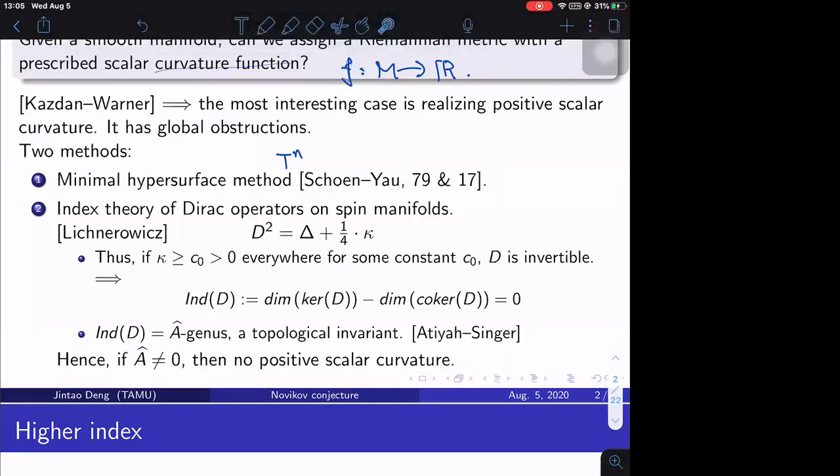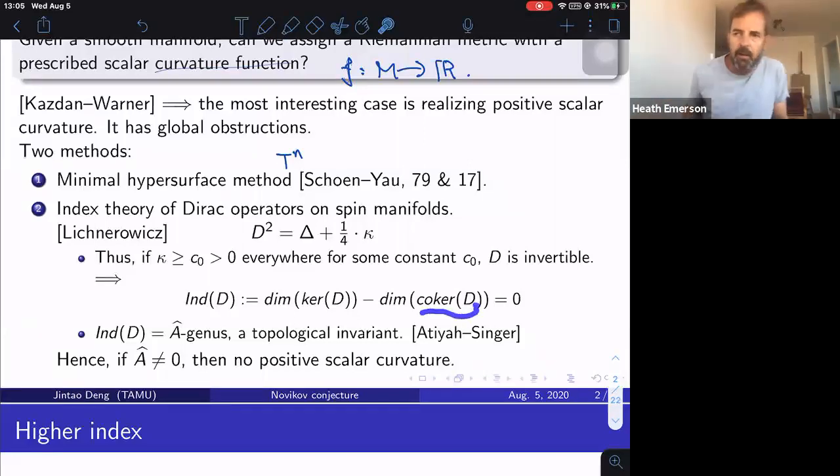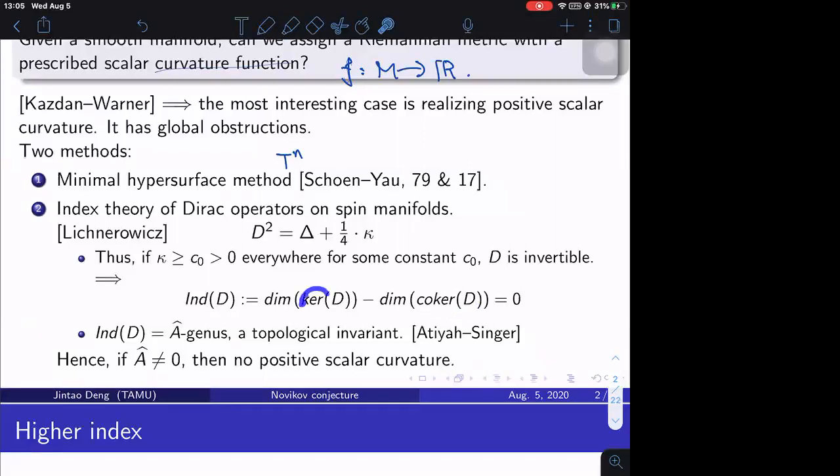By the index theory, the Fredholm index of D is defined by the difference of the dimension of the kernel of D and the dimension of the cokernel of D. Because D is invertible, both numbers are 0. As a result, the Fredholm index of such a Dirac operator is 0.